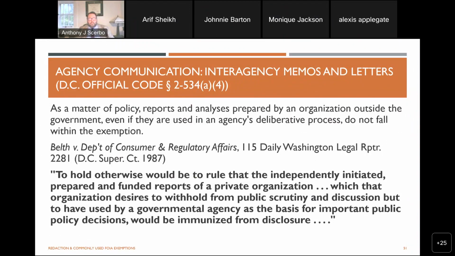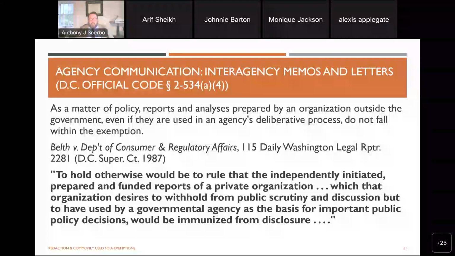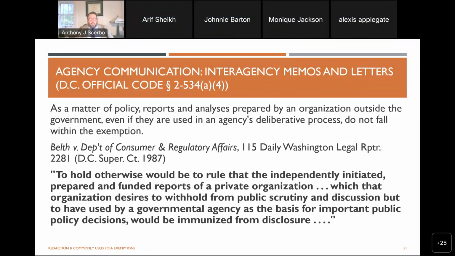"To hold otherwise would be to rule that the independently initiated, prepared, and funded reports of a private organization, which that organization desires to withhold from public scrutiny and discussion, but which have been used by a government agency as the basis for important public policy decisions, would then be immunized from disclosure."